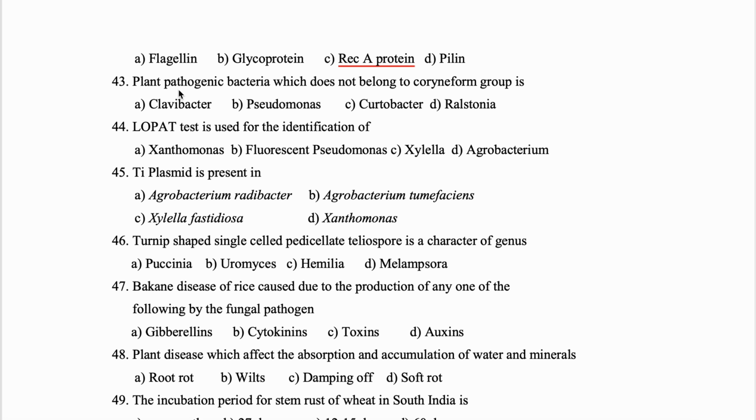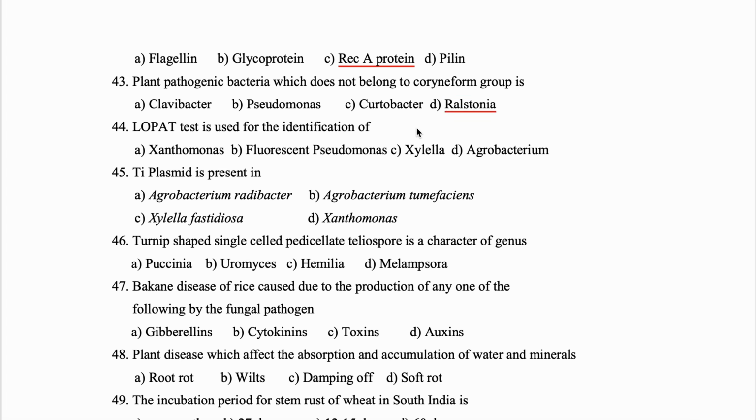43. Plant pathogenic bacteria which does not belong to coryneform group. Now, what is coryneform group? They are the gram-positive bacteria which are non-spore forming. So, out of these 4 options, the one I can see that is not gram-positive is Ralstonia.